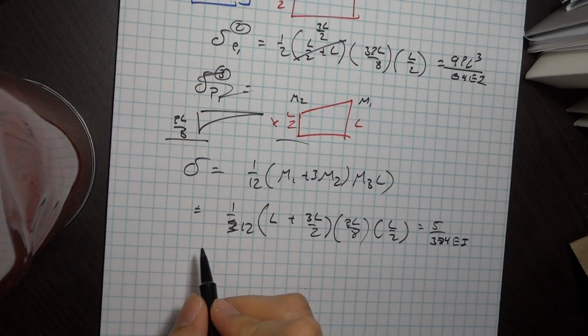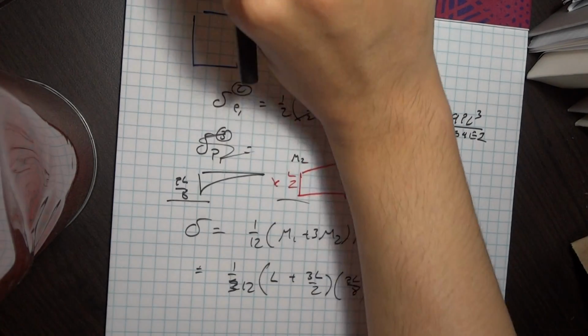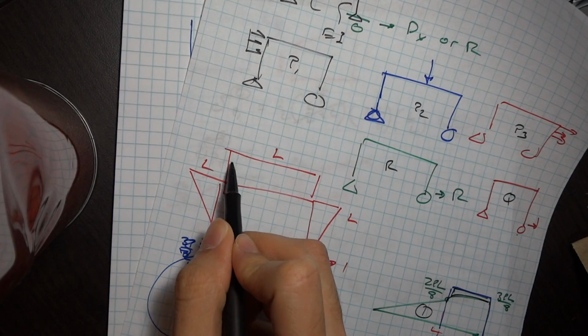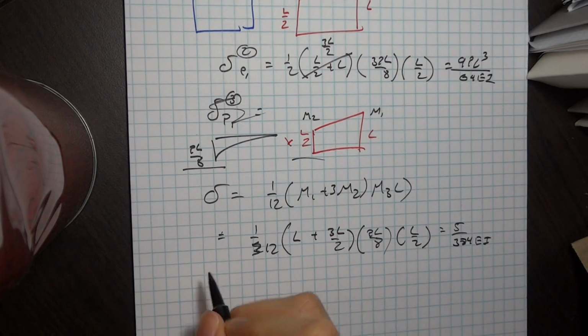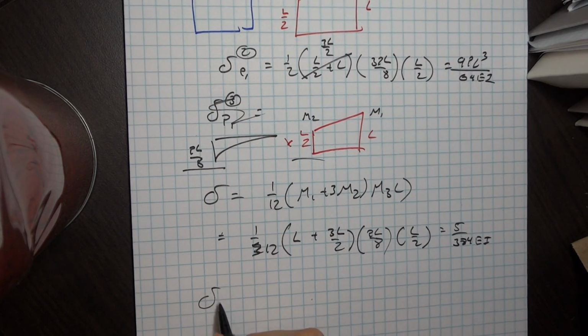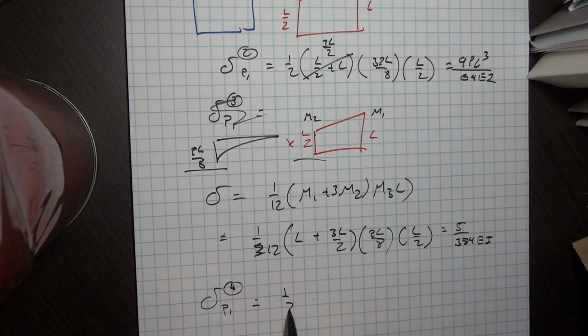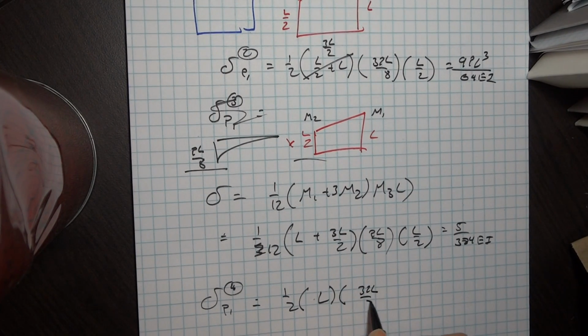Now, that was covering the entire left-hand side. We also have this triangle times a rectangle. Let's call that delta P14, which is going to be equal to 1/2 times L times 3PL on 8.